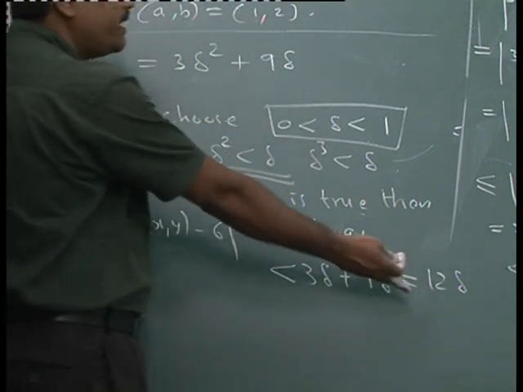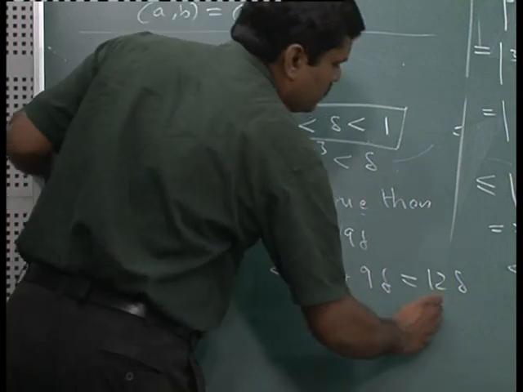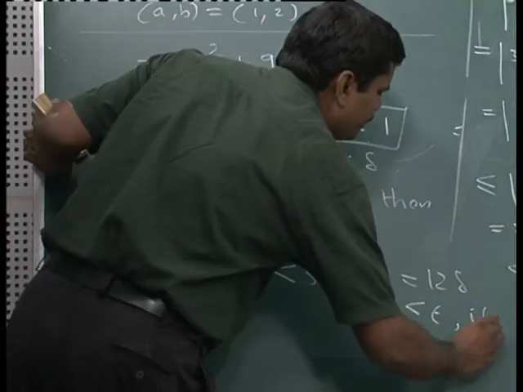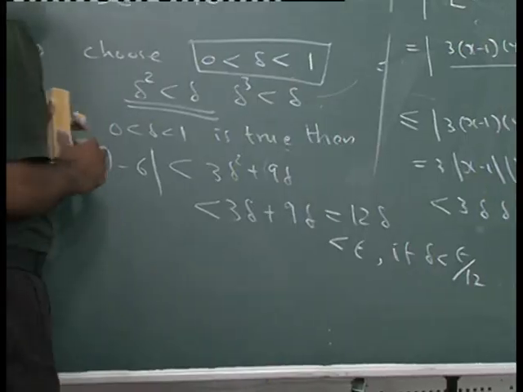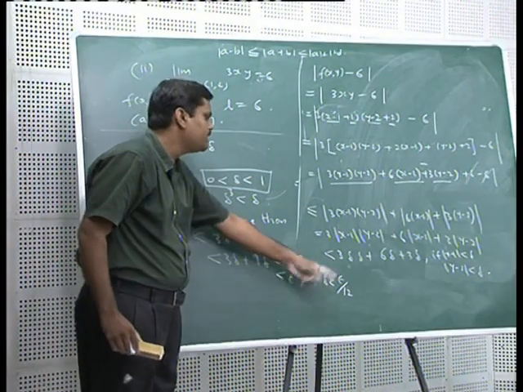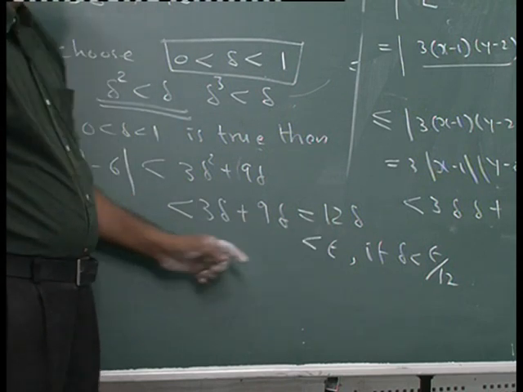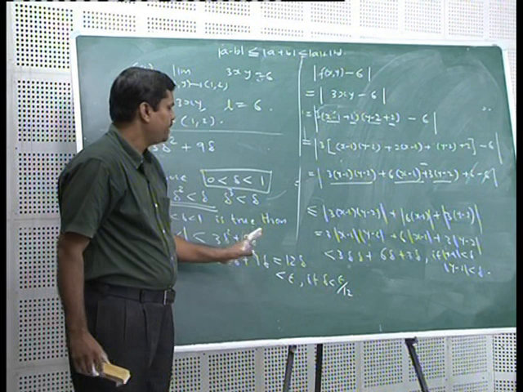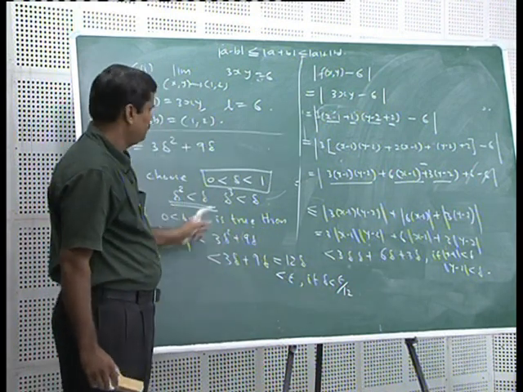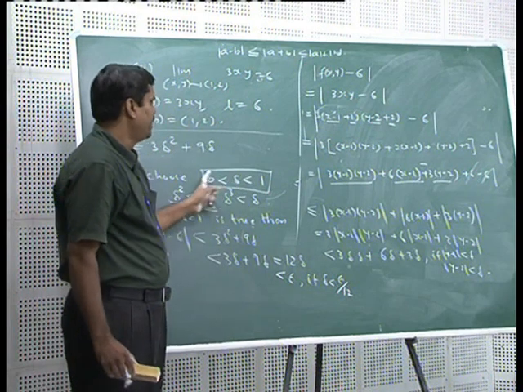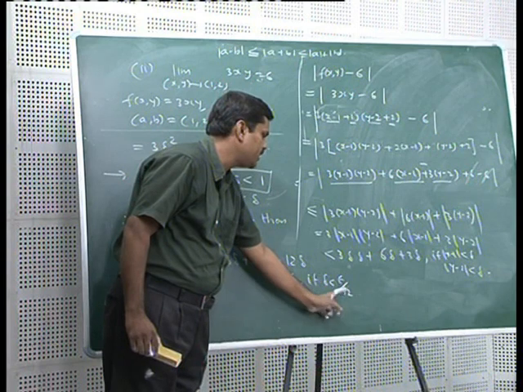So, now from this it is very simple what should be selected as delta, so that this will be less than epsilon. So, this is less than epsilon if delta is less than epsilon by 12. If I take delta equal to epsilon by 12 or less than epsilon by 12, this will become less than epsilon. Okay. So, you understand, in this whole discussion we have put two conditions on selecting delta. One is that it should be between 0 and 1 and it should be less than this number epsilon by 12.